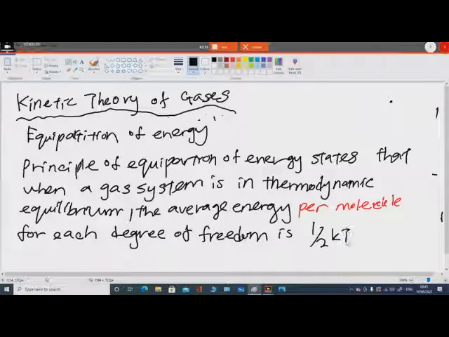So the principle of equipartition of energy states that when a gas system is in thermodynamic equilibrium, where the heat does not change frequently, the average energy per molecule for each degree of freedom is actually half kT. So this is the statement for the principle of equipartition of energy, which describes the average energy for one molecule. Okay, let's continue.